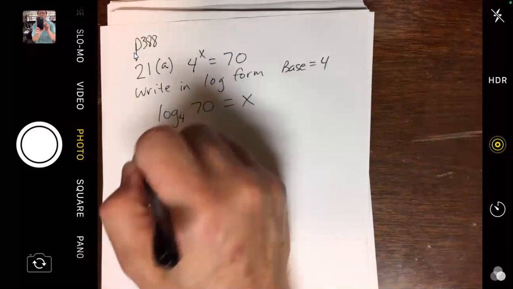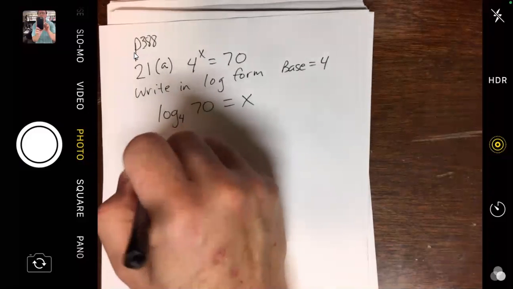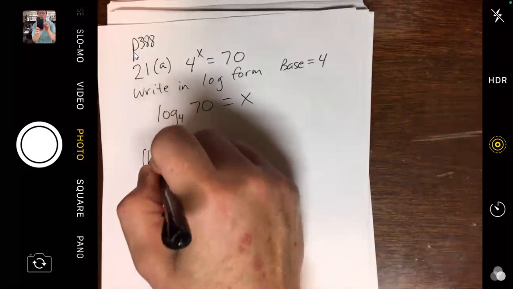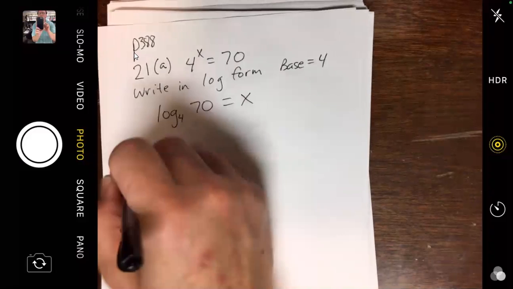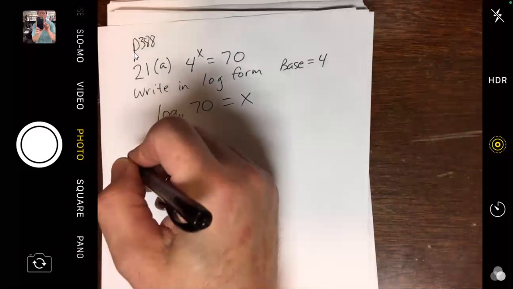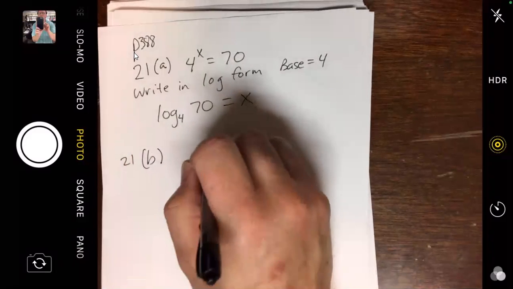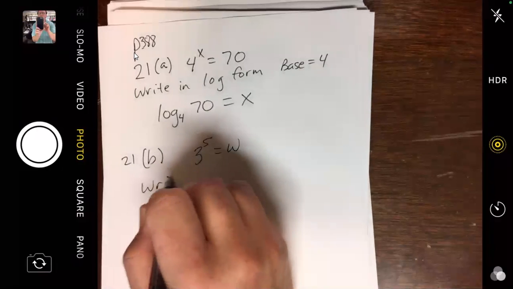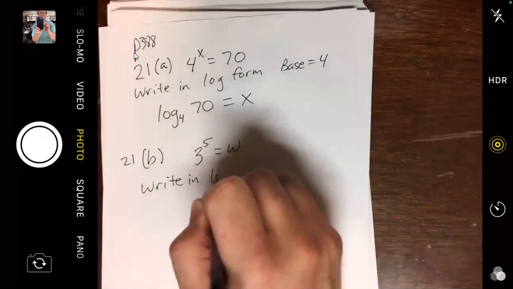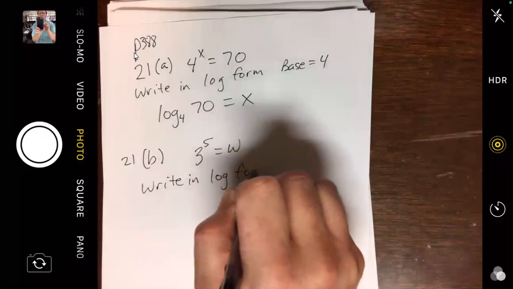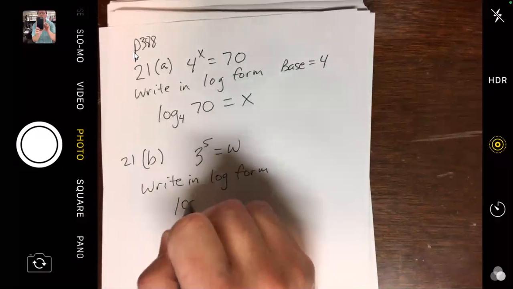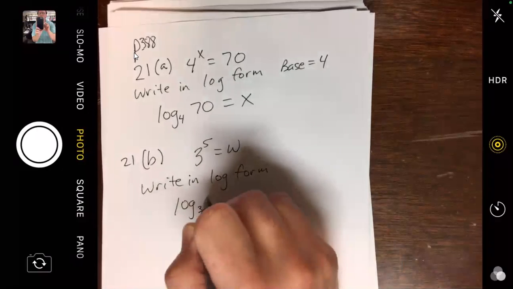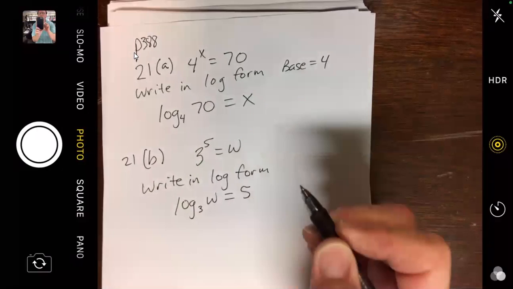How about B? 21b. 3 to the 5th equals w. Write in log form. Log base 3 of w equals 5.